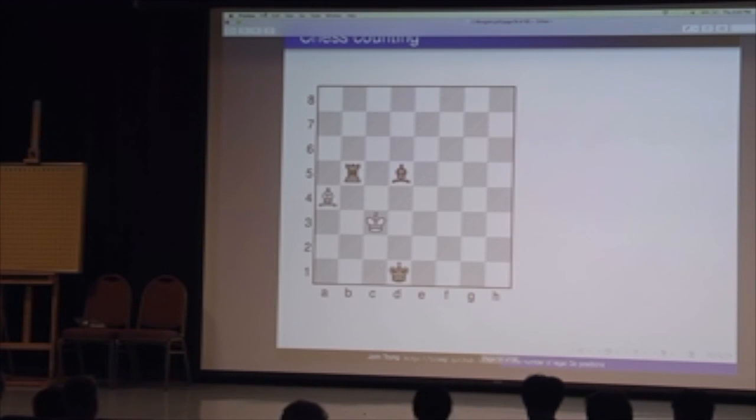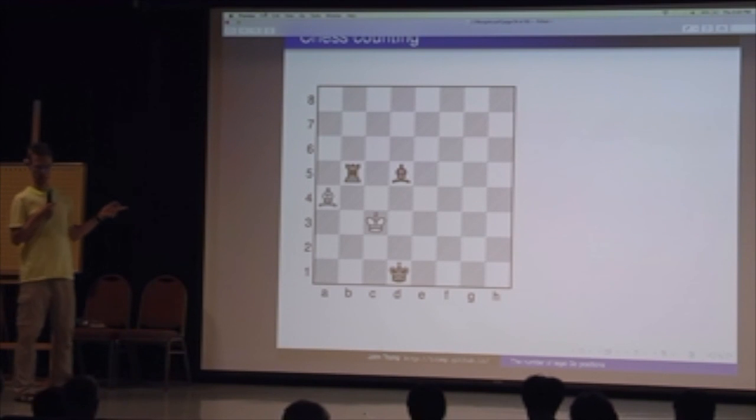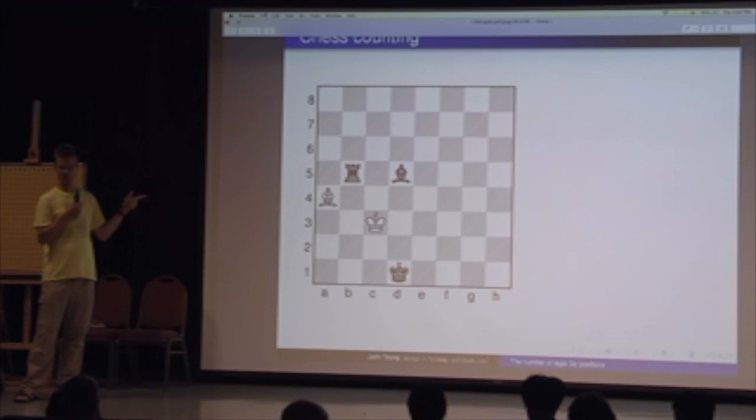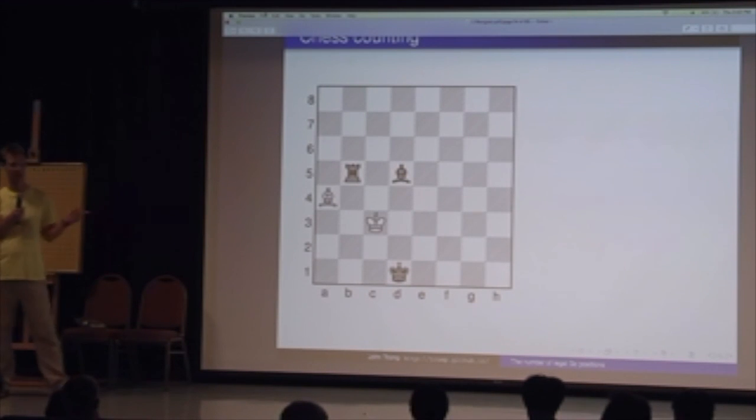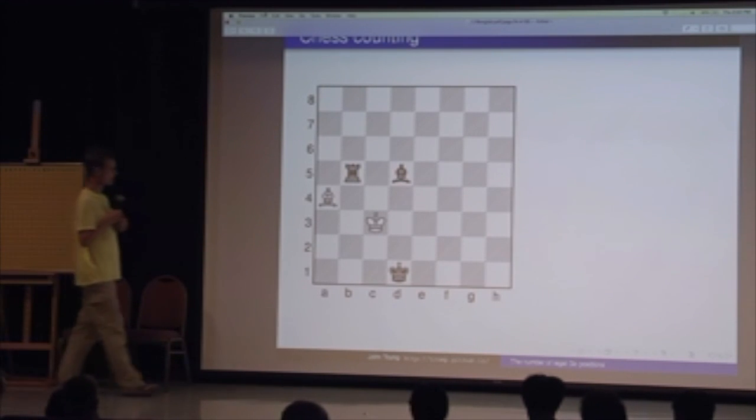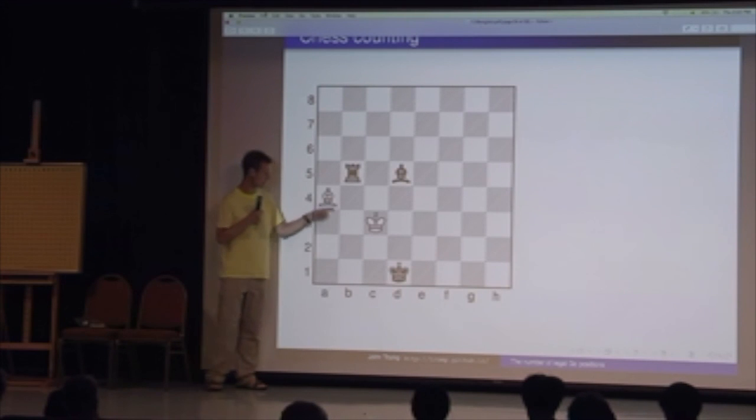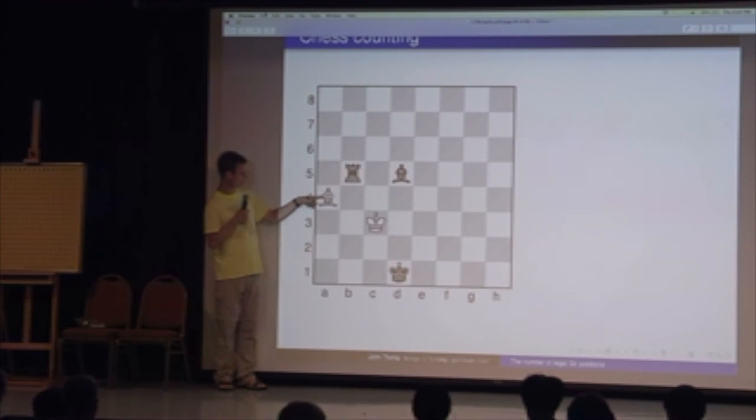To wit, look at this position. Can we determine whether this is a legal chess position? Can we reach this position? Well, you'll notice the black king is in check. The white bishop could not have moved here. It also didn't just promote, because this is on the side of the board.